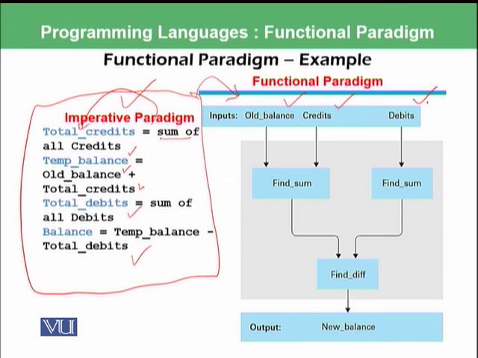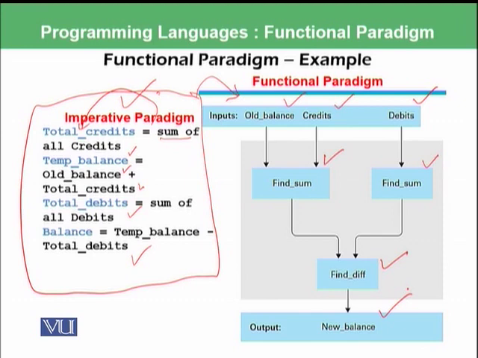These three inputs are not visible in the imperative paradigm by looking at only one stage, layer or instruction, but they are very visible in the functional paradigm. Then it is saying that old balance and credits should be summed up and all debits should be summed up, and then the difference should be found, and we have the new balance as a final output.